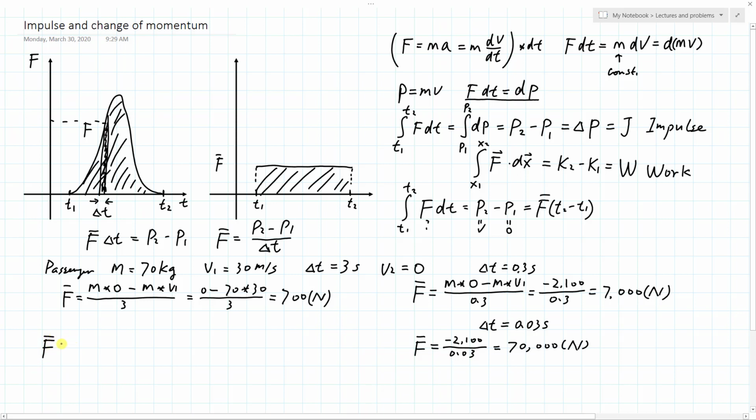Force average equals momentum 2 minus momentum 1 over this duration. Momentum 2 minus 1 will be mass times velocity 2 minus velocity 1, over duration. And I can also rewrite it as mass over the duration, times v2 minus v1.